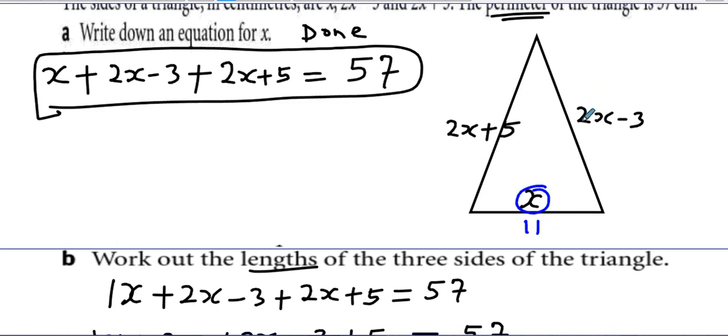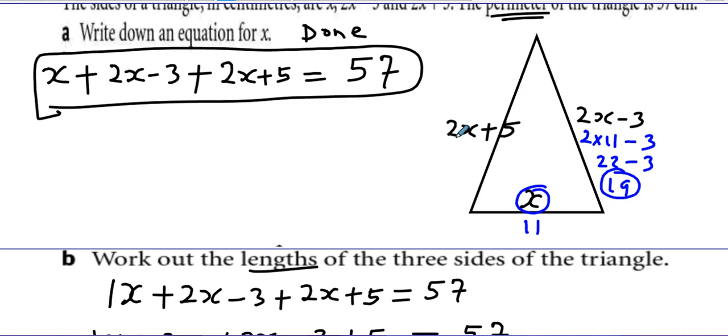But here you need to do 2x, but x is 11, so 2 times 11 minus 3. This is BODMAS: you have to multiply before you subtract. 2 times 11 is 22, minus 3, this will be 19. So this side is 19.